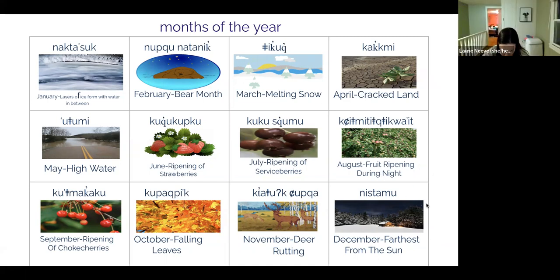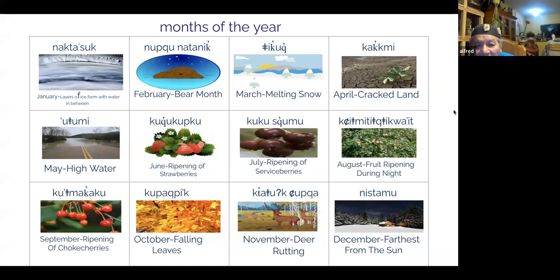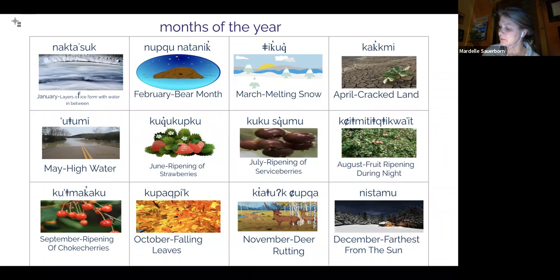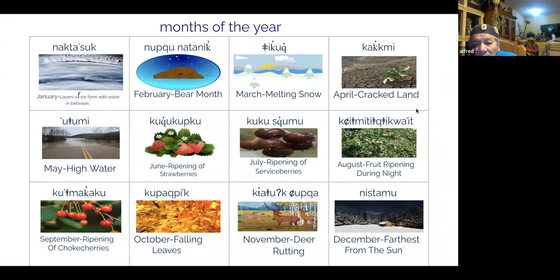Okay, so the next one is Thick oak. That means the melting snow. And the water is also starting to run, the melting snow and the running water.